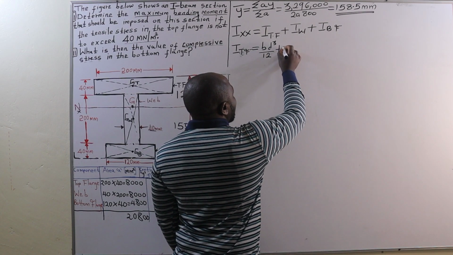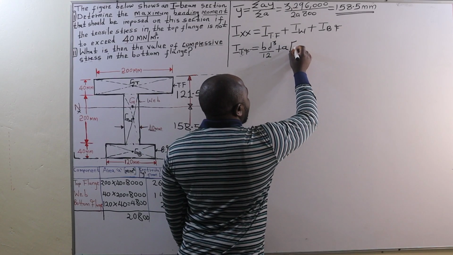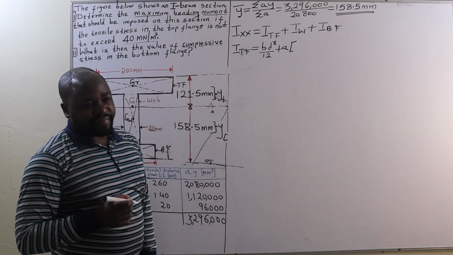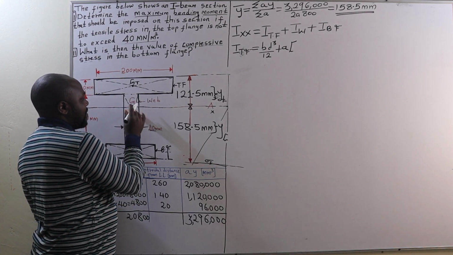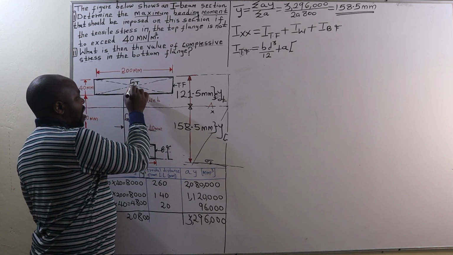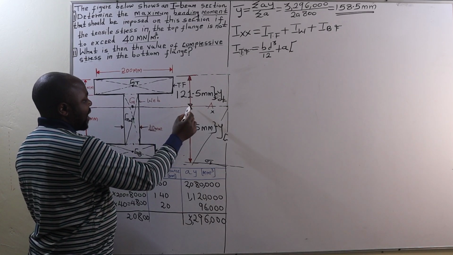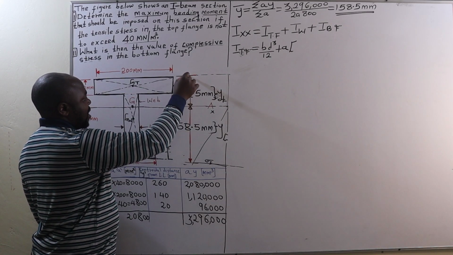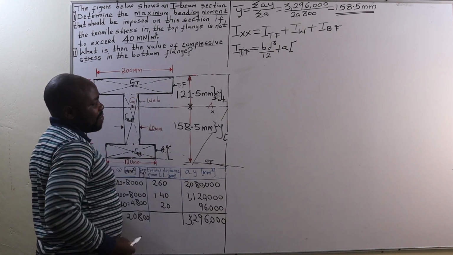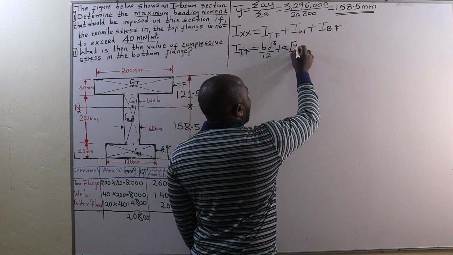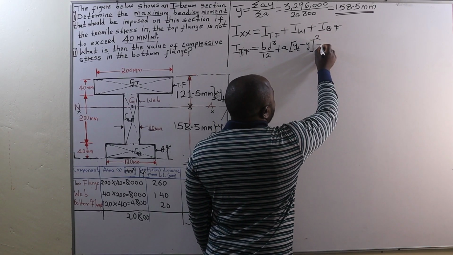Then we add the area of the top flange multiplied by the distance from the center of gravity of this I-beam section up to the center of gravity of the top flange. That is going to be YT minus Y, and then we square that.